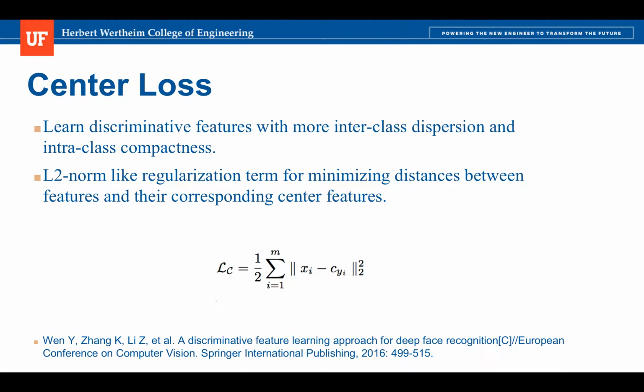That's why center loss was proposed recently. The center loss will learn discriminative features with more interclass dispersion and intraclass compactness. It acts as an L2 norm-like regularization term to minimize the distance between features and their corresponding center features.